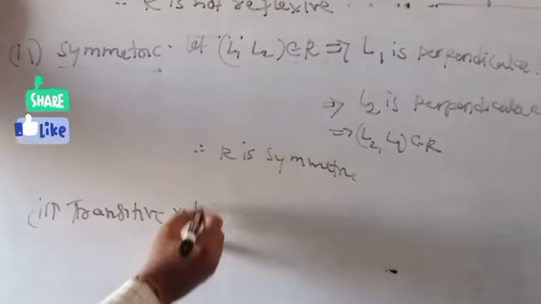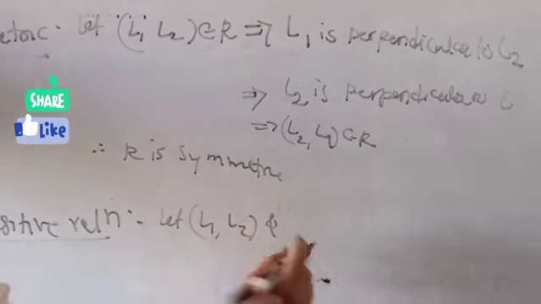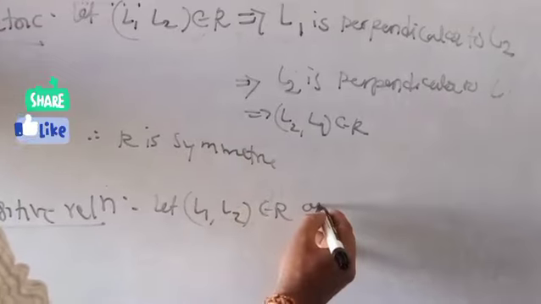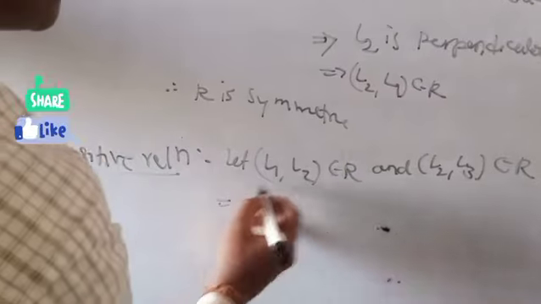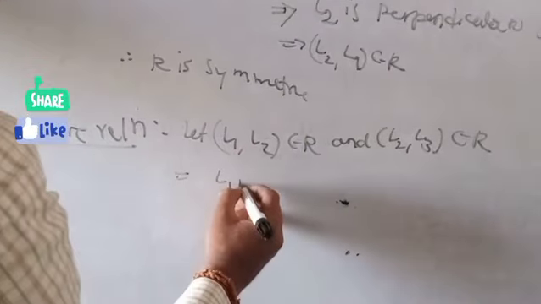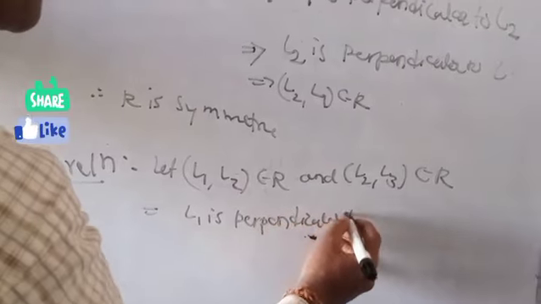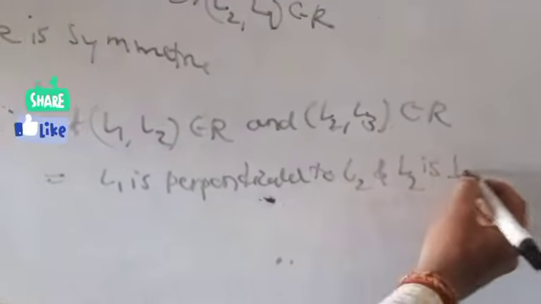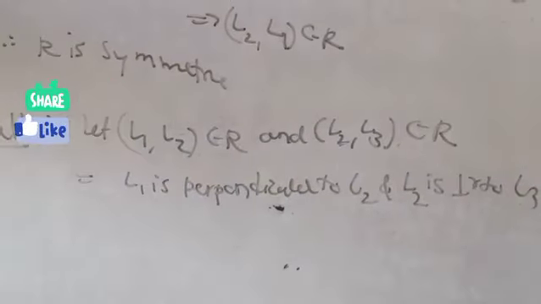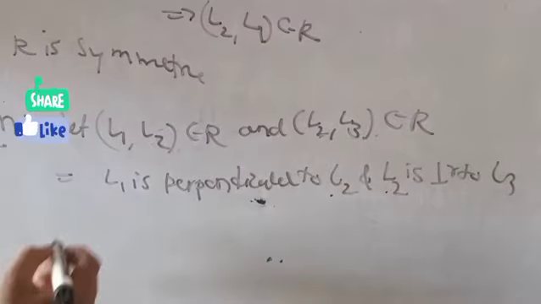Third one, the transitive relation. Let (L1, L2) belong to R and (L2, L3) belong to R. (L1, L2) belongs to R means L1 is perpendicular to L2, and (L2, L3) belongs to R means L2 is perpendicular to L3.